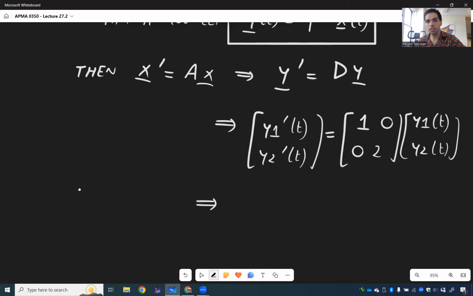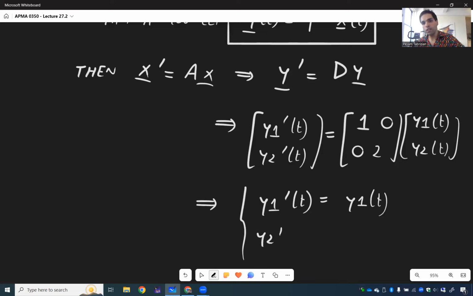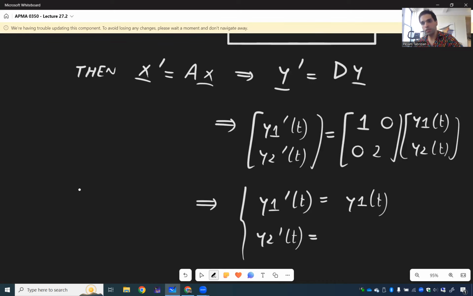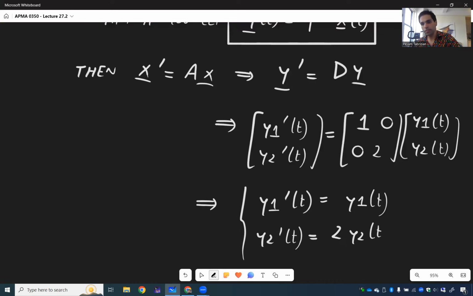And that just becomes the differential equations y1 prime of t equals y1 of t, and y2 prime of t is 2 y2 of t.